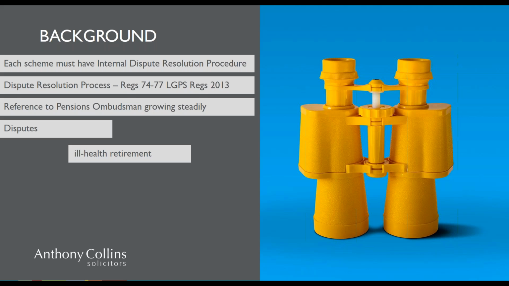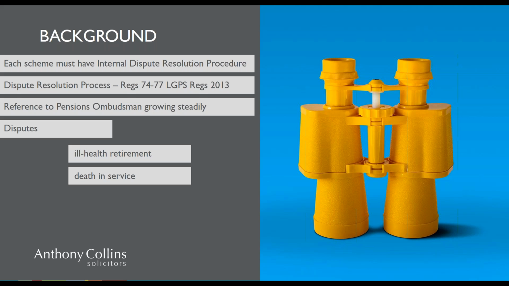Where those requests have been rejected, we often see complaints. Death in service is something that we also see complaints around. So typically that tends to be where an employer or scheme administrator has not dealt with some request, perhaps a transfer request, quickly enough.